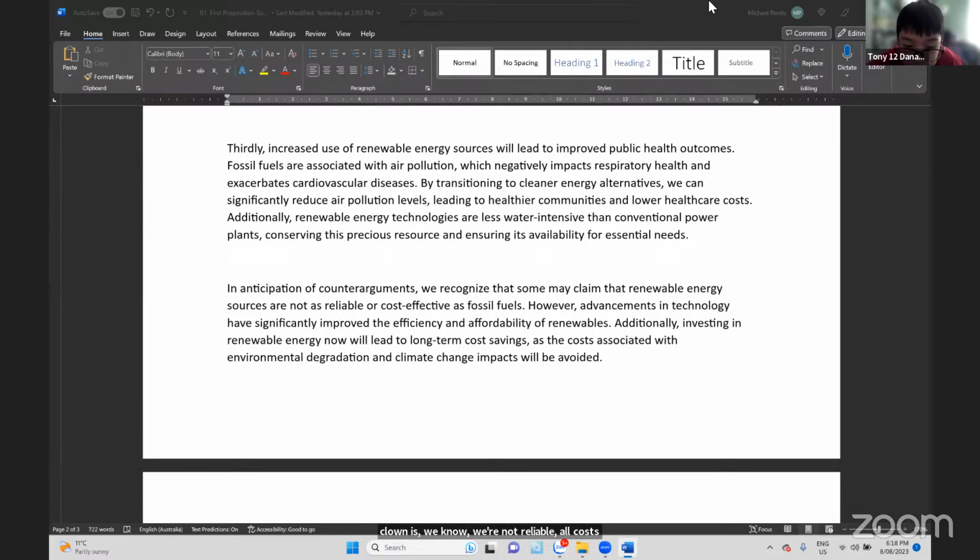However, advancements in technology have significantly improved the efficiency and affordability of renewables. Additionally, investing in renewable energy now will lead to long-term cost savings as the costs associated with environmental degradation and climate change effects will be avoided.